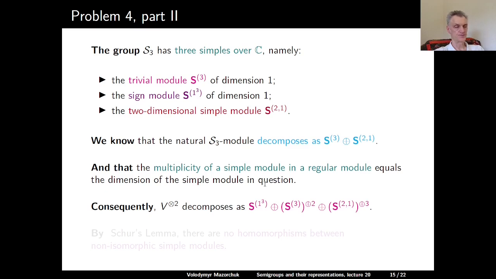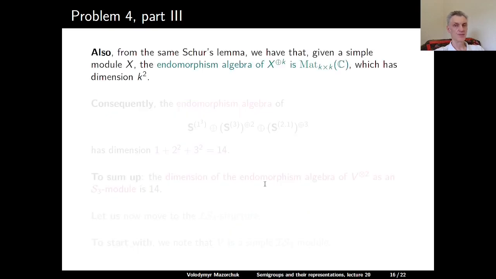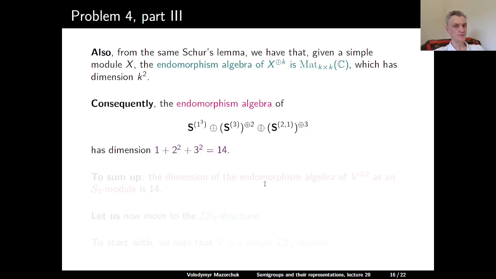Next, let us note that by Schur's lemma, there are no homomorphisms between non-isomorphic simple modules. Moreover, from the same Schur's lemma, given any simple module X, the endomorphism algebra of X plus and so on k times is exactly the algebra of all k times k matrices with complex entries. And this algebra has dimension k to the power 2. Consequently, the endomorphism algebra of our V to the tensor power 2 can be computed as follows.